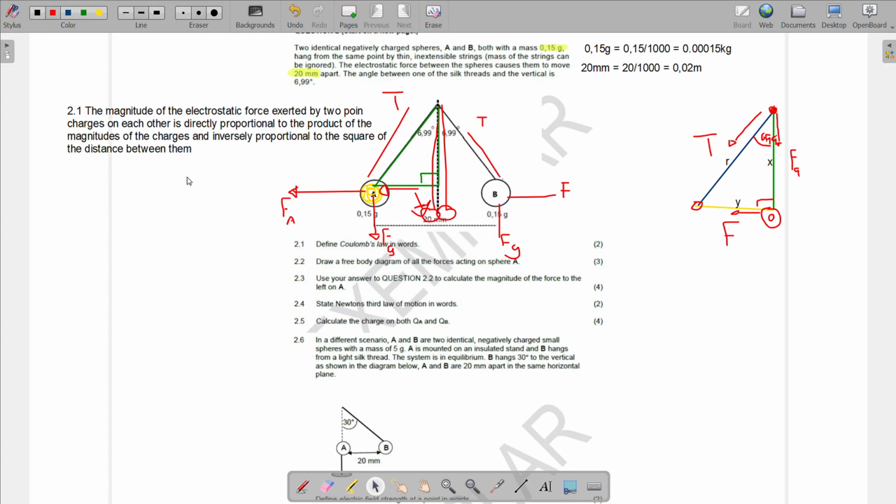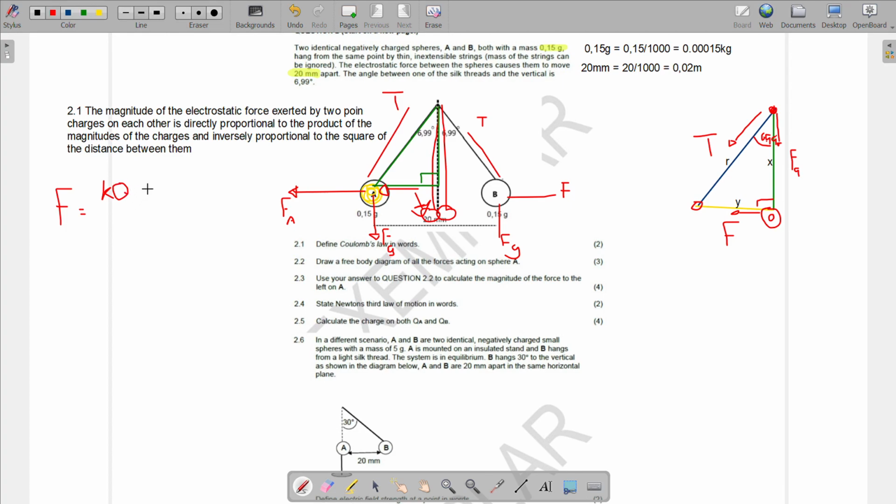So the definition of 2.1, there it is. The magnitude of the electrostatic force exerted by two point charges on each other is directly proportional to the product of the magnitude of the charges and inversely proportional to the square of the distance between them. So this is just a simple formula: the force that is exerted, which is the electrostatic force, has the constant, and then how many charges there are.